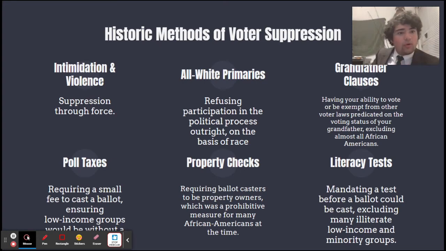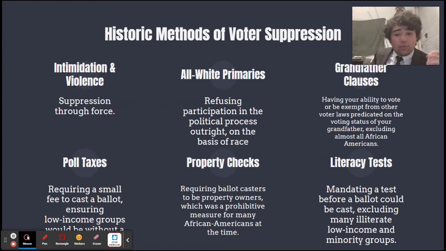The Supreme Court routinely upheld the concept of an all-white primary in Texas because the law at that time, the political parties were private organizations, and they could decide who wanted to participate in them.